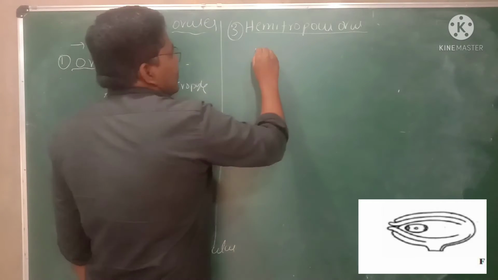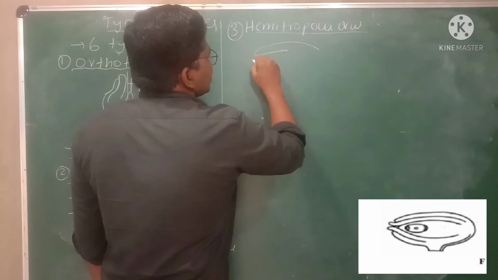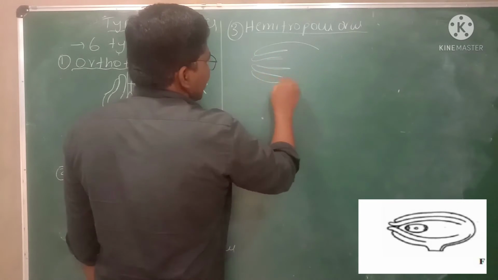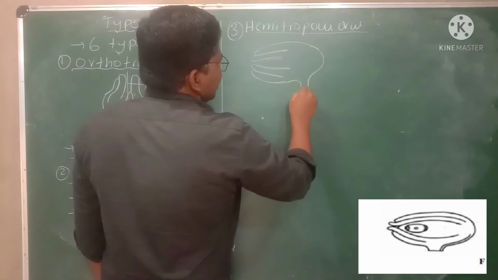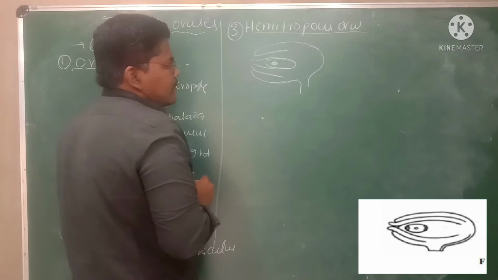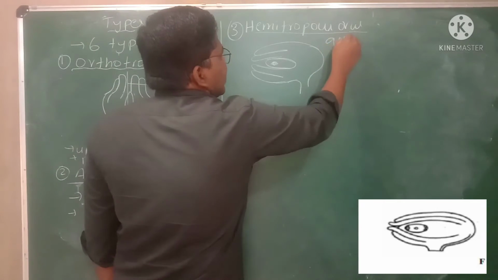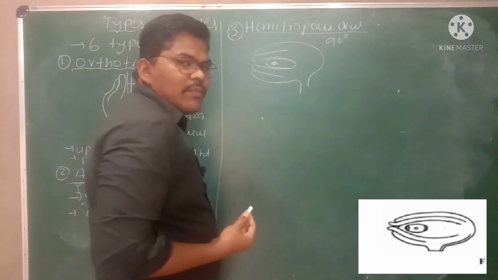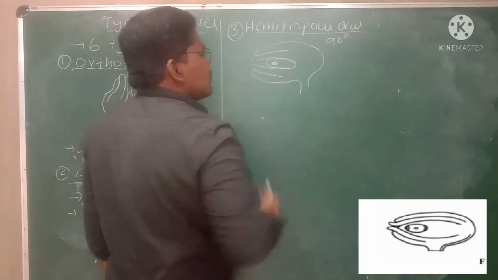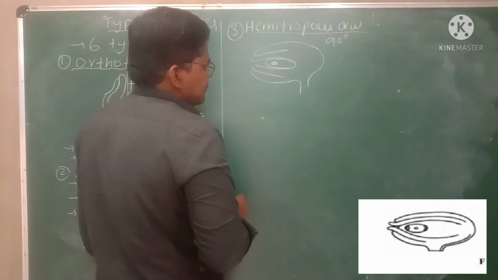It means the body of ovule rotates 90 degrees, at a right angle to the funiculus. That is called hemitropous ovule.